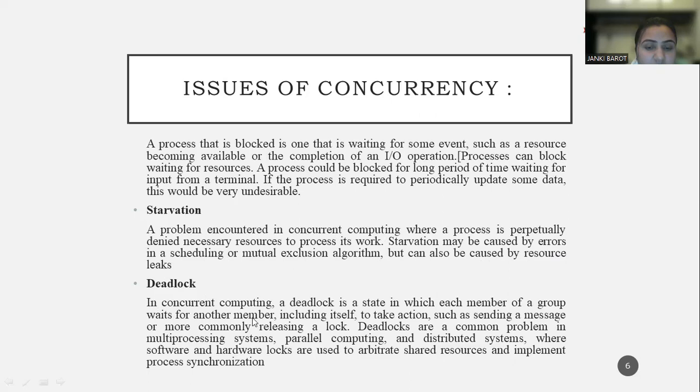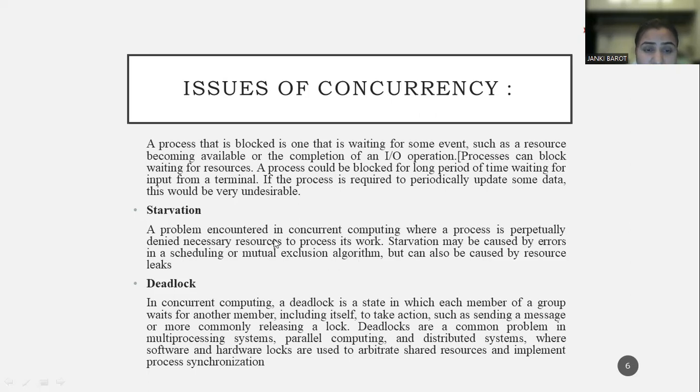Another one is deadlock. Deadlock is a state in which each member of a group waits for another member. And starvation, in simple terms, is caused by error in a scheduling or a mutual exclusion algorithm.